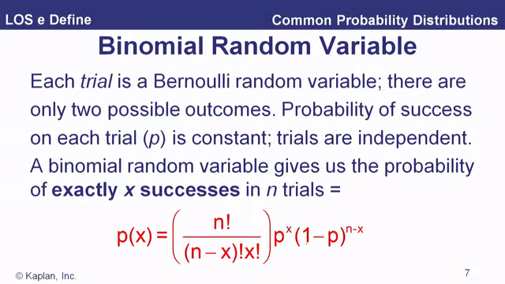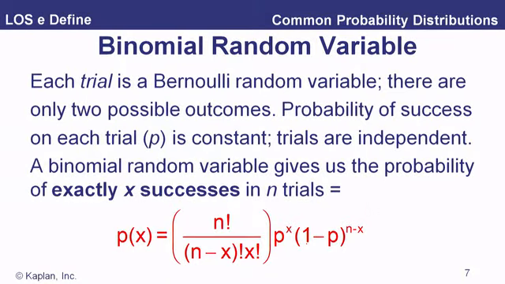So we could talk about how many times you get heads flipping a coin 5 times. Each flip of the coin is a Bernoulli random variable. The number of heads in 6 flips of the coin is a binomial random variable. The probability of exactly X successes in N trials is given by this formula here.